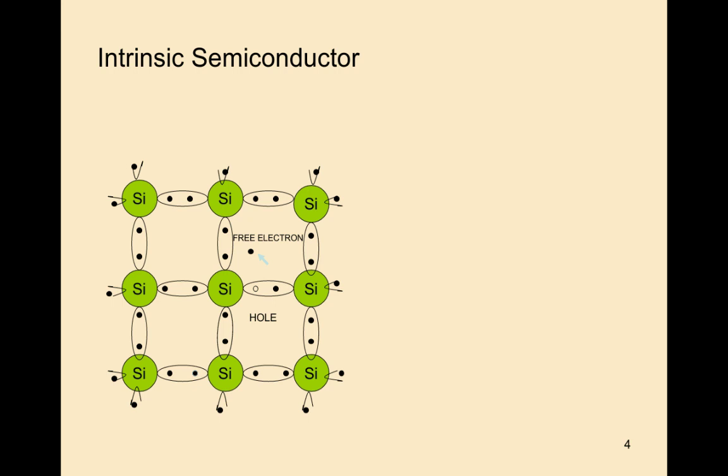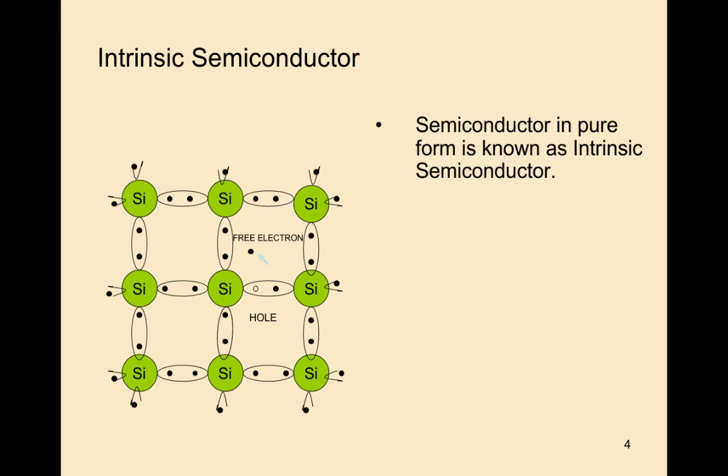So this is how an intrinsic semiconductor will look, how the covalent bonds form. Semiconductor in pure form is known as the intrinsic semiconductor. Pure silicon and pure germanium are examples of intrinsic semiconductors.